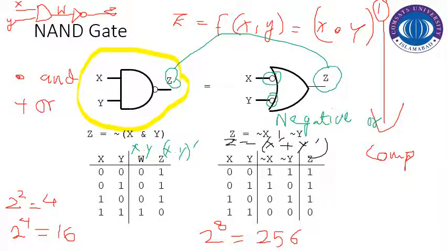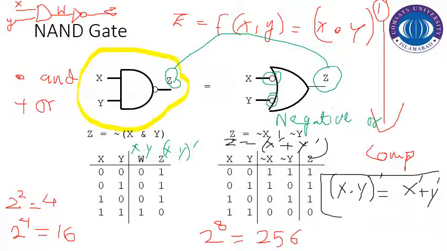So we can clearly claim that (X dot Y) whole prime equals X prime or Y prime. This is the De Morgan theorem applied on this dot operator.